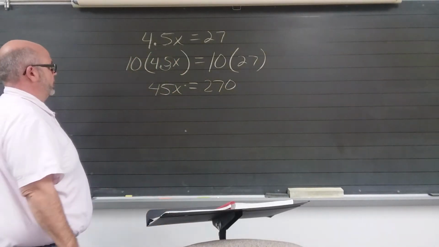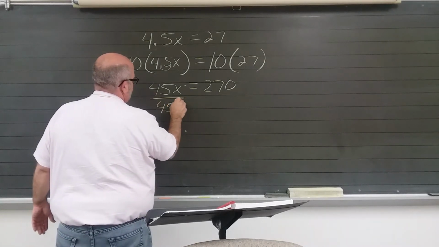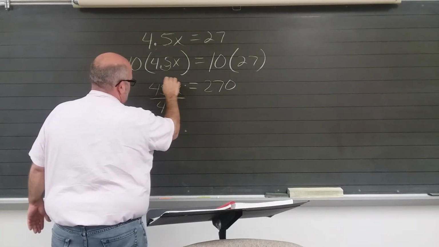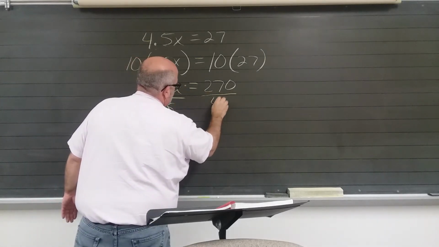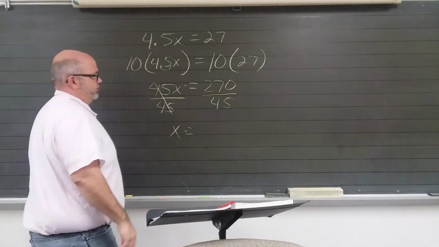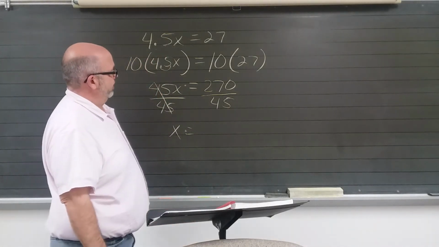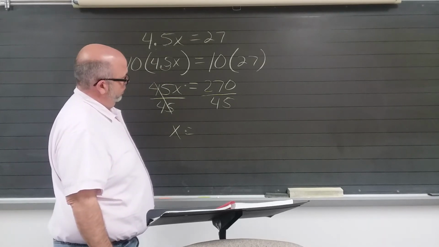right? Now you divide by 45 to get rid of the 45. All you have left is x. Divide this by 45. What is 270 divided by 45?